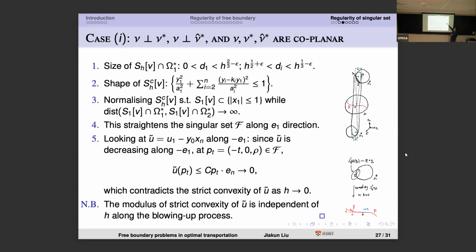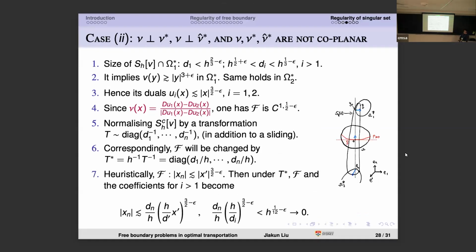Because if the free boundary is too flat, you just trace it back. You have a potential function here, you have a potential function here, all the gradient is on the right-hand side part. So if you trace it back in the opposite direction, the potential function will be going down because the gradient is on the right-hand side part. So that will contradict the convexity. Okay, so that's how we rule out case one.